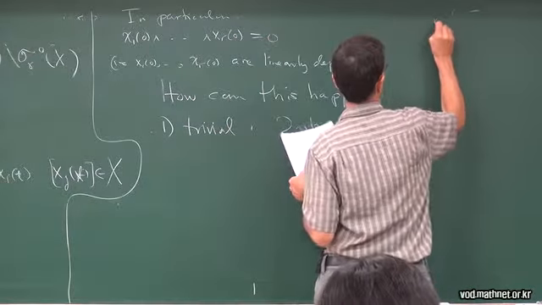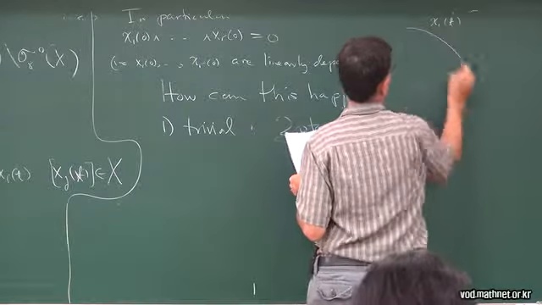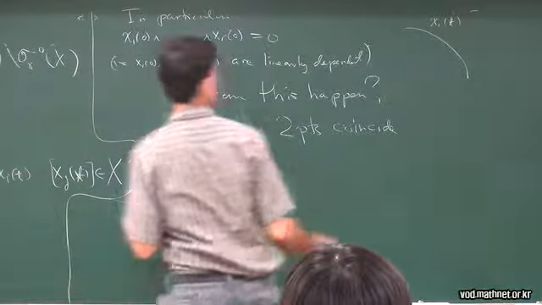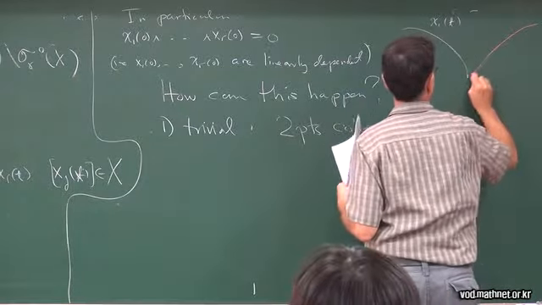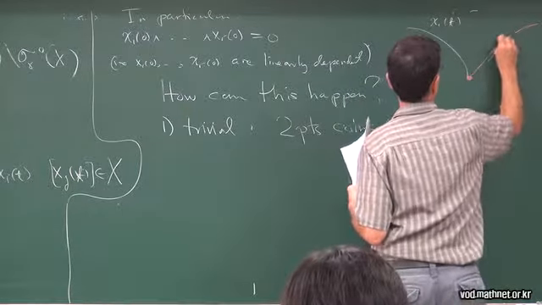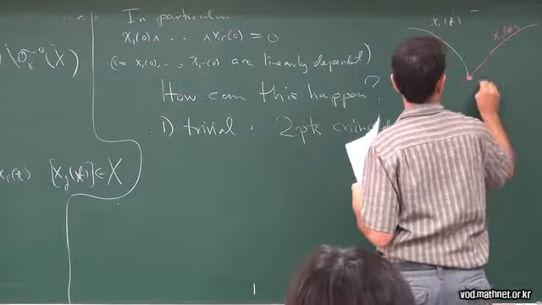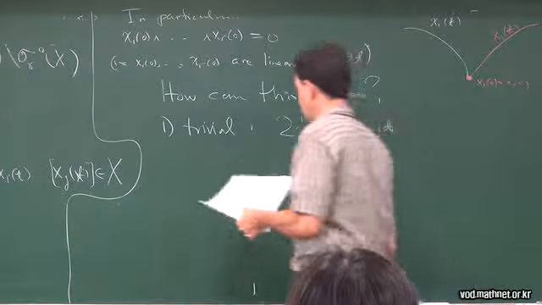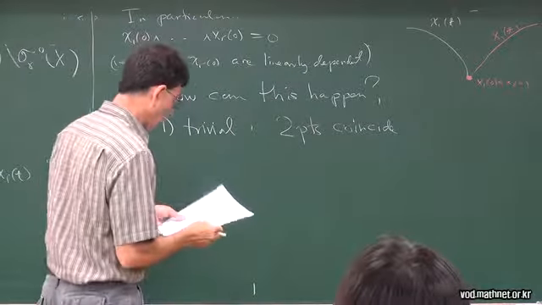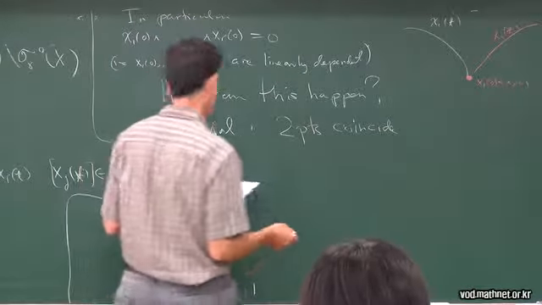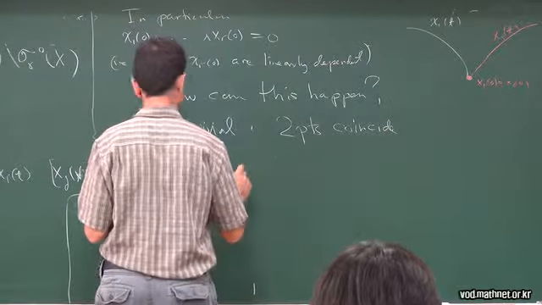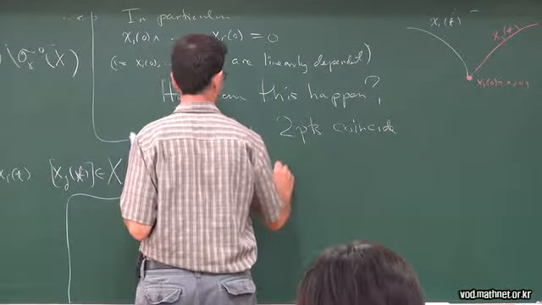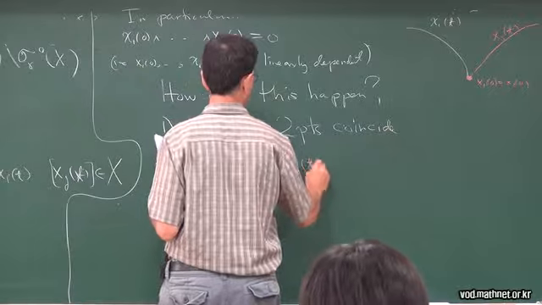So we have x1 of t, and here we have x2 of t, and they both coincide at 0. Let's just look at that. So we have this, in the Grassmannian, we have this x1 of t wedge x2 of t.